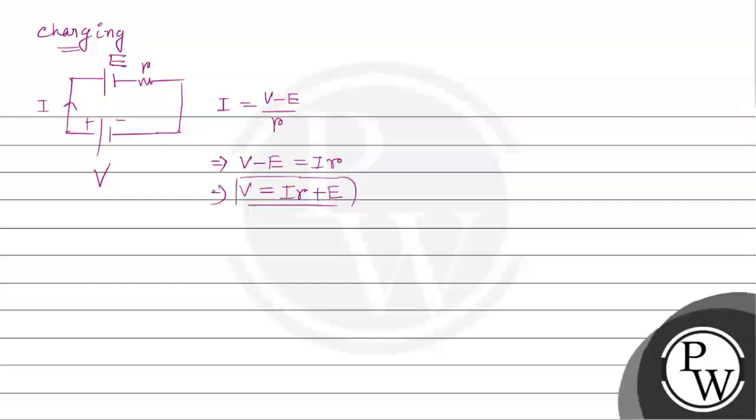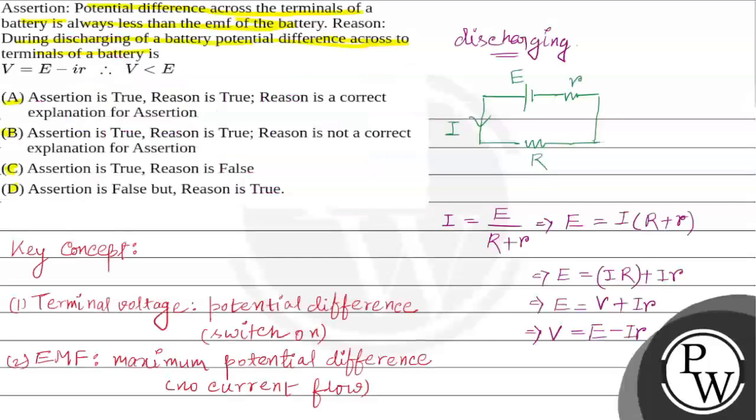Okay, so let's go back to the first slide and read the assertion, which says potential difference across the terminals of the battery is always less than EMF of the battery.